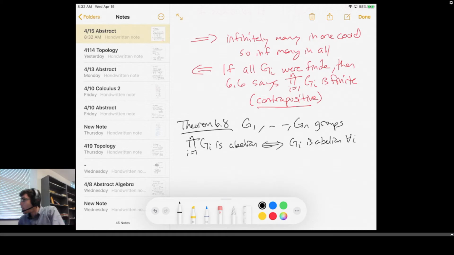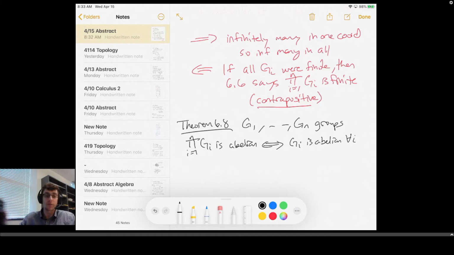What if you take the product of infinitely many infinite groups? What do you mean? That's definitely allowed. It's going to be very infinite, but that's perfectly fine. You can have an infinite product of infinite groups for sure.